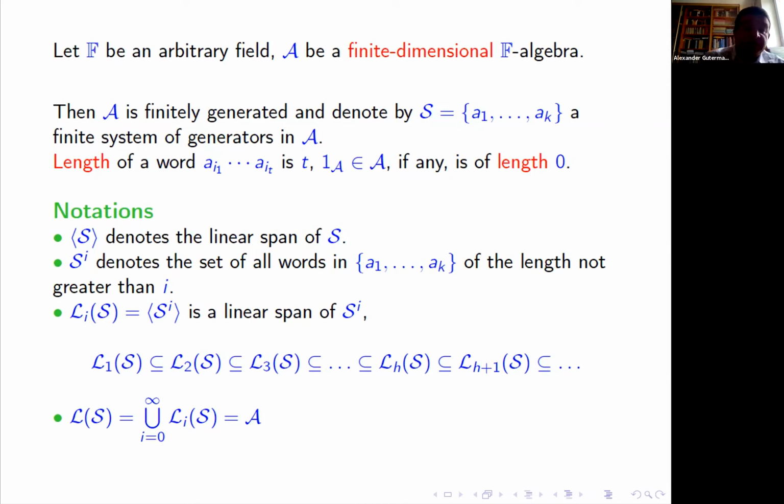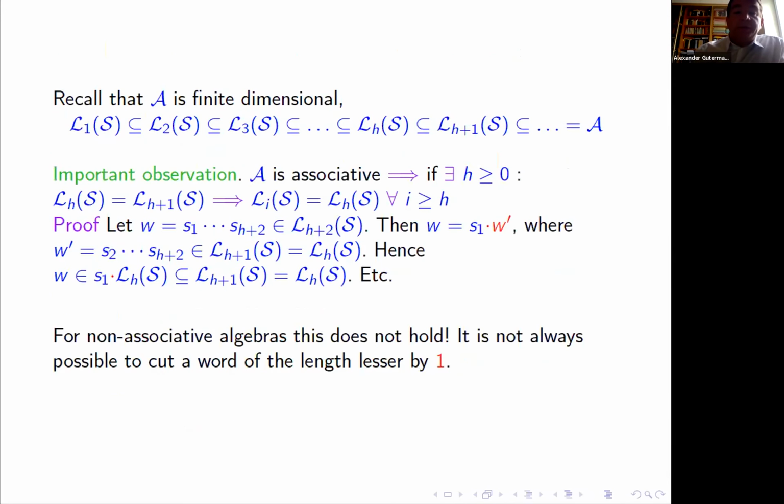It appears that there is a certain flag of subspaces: words of length not greater than 1 are embedded into words of length not greater than 2, and so on. We start from a particular generating set and form this flag, where the union of all these subspaces gives us our algebra.